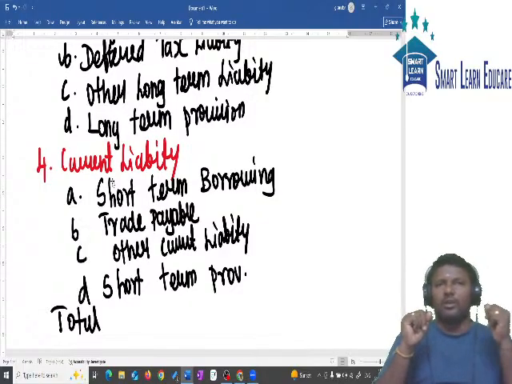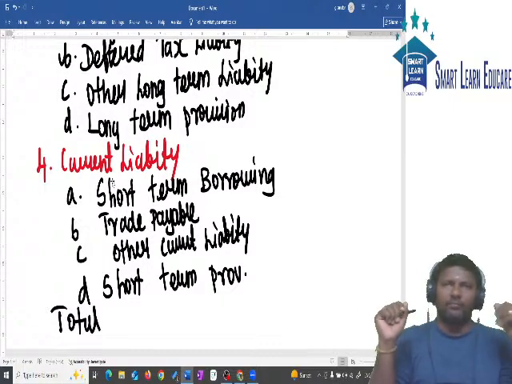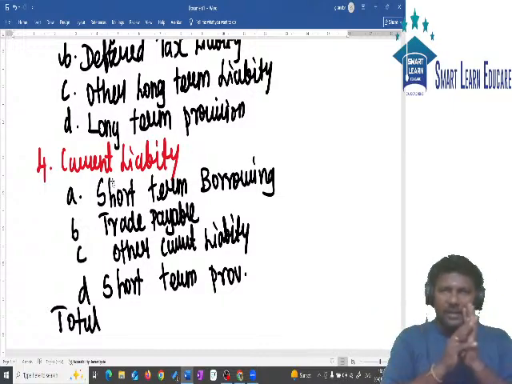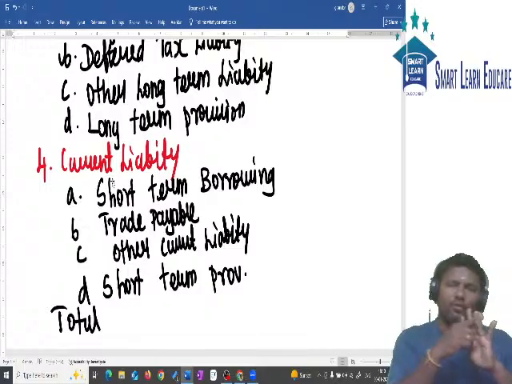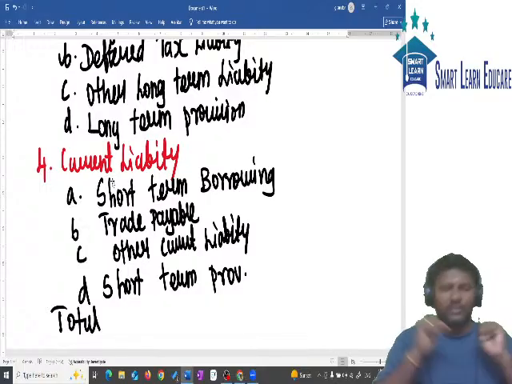Second, share application money pending allotment. Third, non-current liability: L, DOL, L. Long term borrowings, DO, D for deferred tax, O for other long term liabilities, and last one, long term provision.